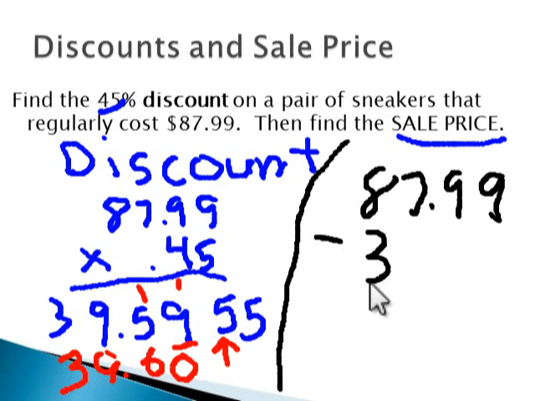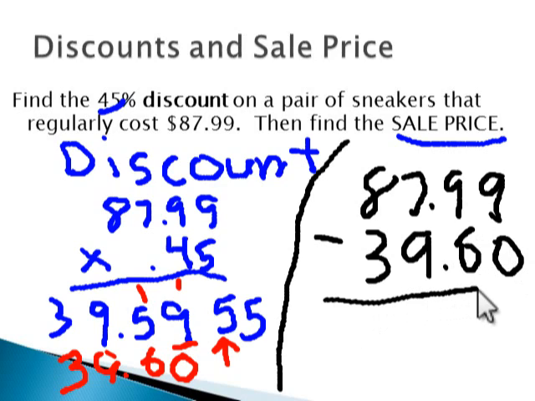Because remember, if you're buying something on sale, it's going to cost less than the original amount. So again, it should be logical. Oops, supposed to be a 6. Should be logical that you would be subtracting. And so when you subtract that, you get $48.39.